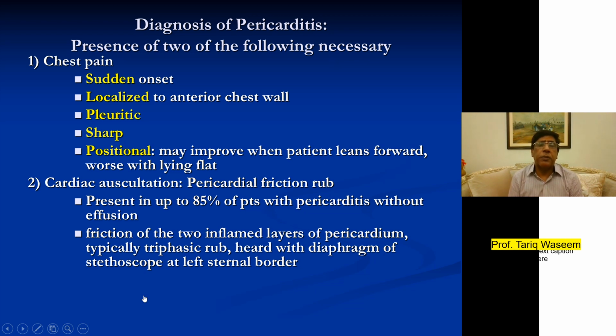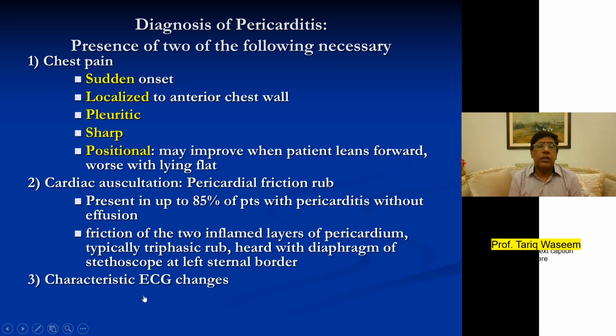Almost 85% of the patients with pericarditis would have a pericardial rub auscultated. But once there is a development of fluid, these two pericardial surfaces are torn apart, and they don't come into friction or rub against each other during each cycle. So the pericardial rub may disappear with development of a significant amount of effusion, right?